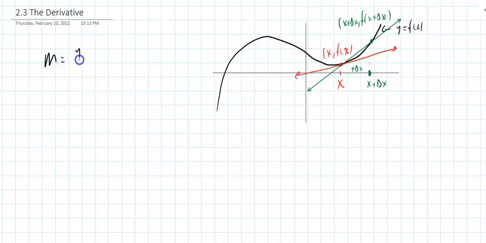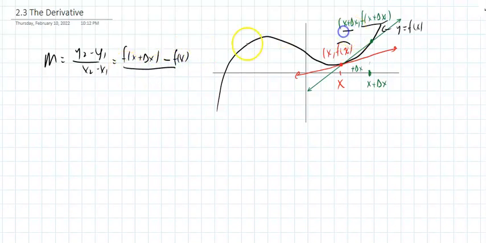So the slope of this line would be y2 minus y1 over x2 minus x1. y2 is f of x plus delta x, minus y1, which is f of x, over x2, which is x plus delta x, minus x.